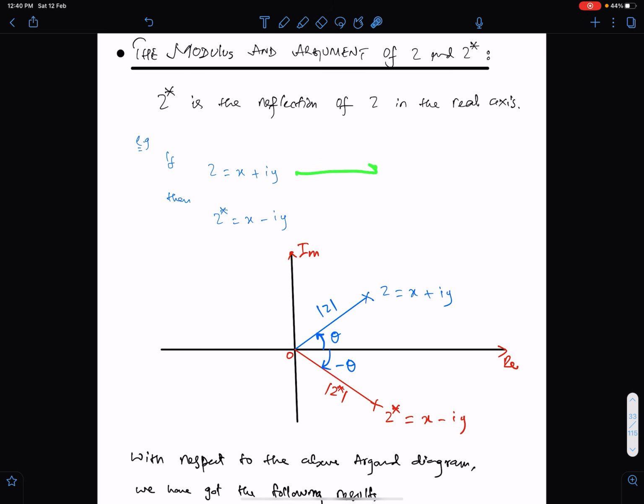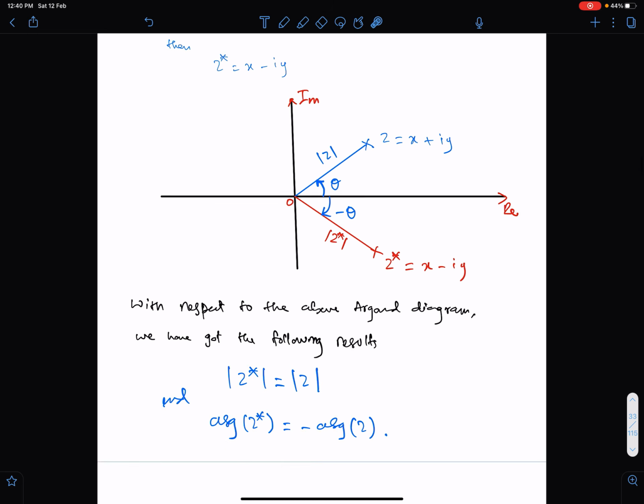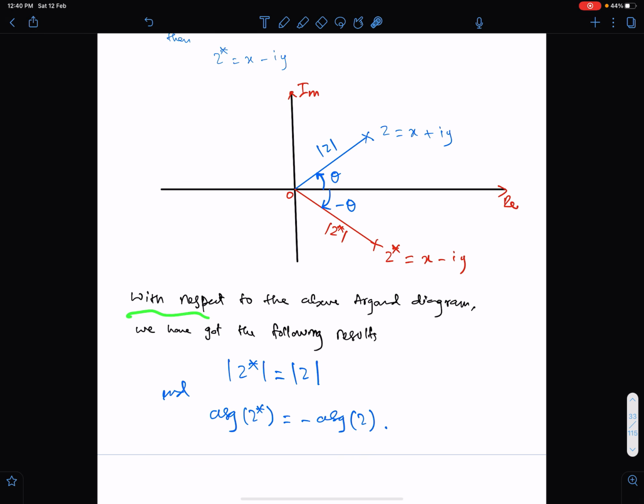So if the angle of this complex number is 45, the angle of this must be minus 45. With respect to this diagram, we can say that modulus of both should be same and argument of z star should be negative times argument z.